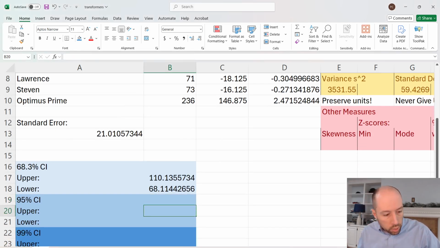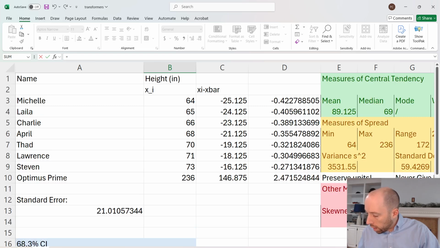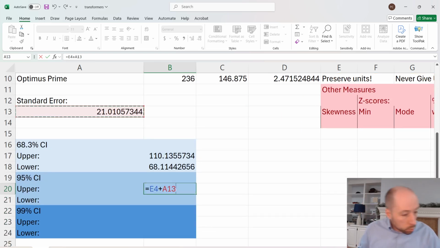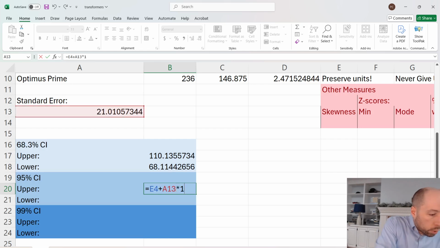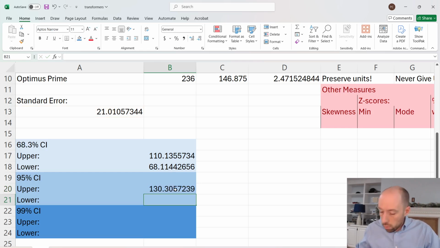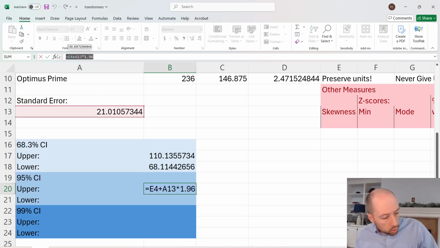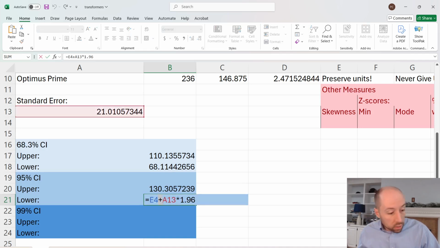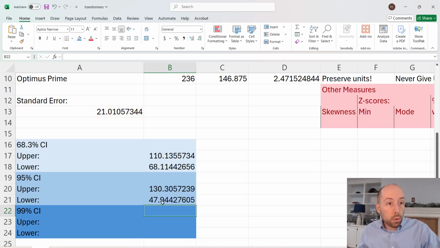Okay, upper bound should be equal to my sample average plus my standard error, which should be multiplied by 1.96. 130. All right. And then I'll go ahead and grab that because that looks like a very convenient formula to use again. I'll paste it here, but I want this to be minus because it's my lower bound.